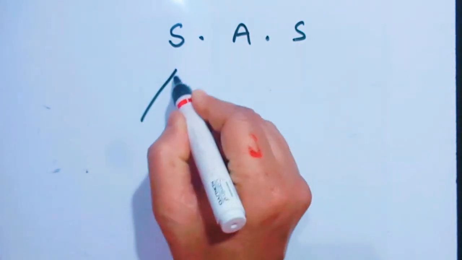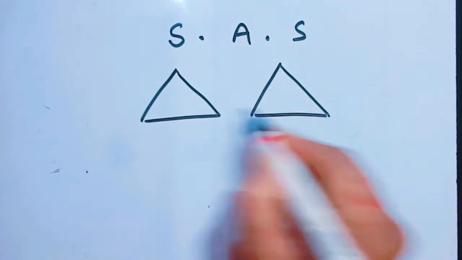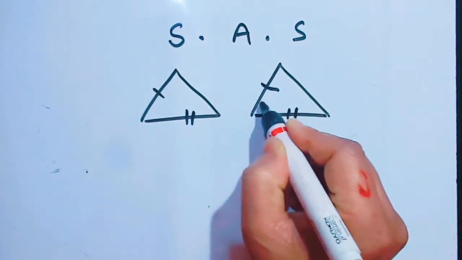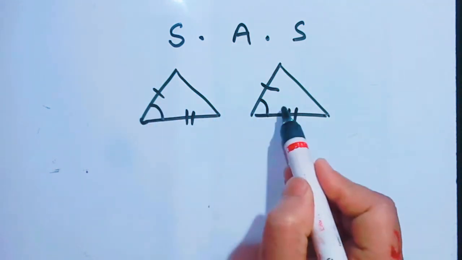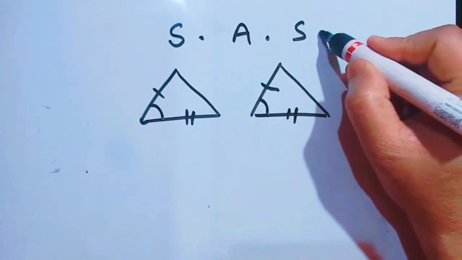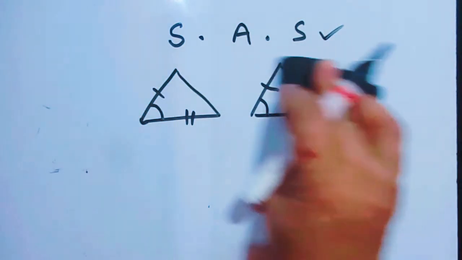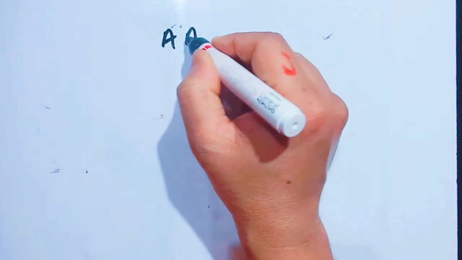These two sides were given and this particular angle was given. So we say that these two triangles are congruent on which criteria? Side, angle, side.